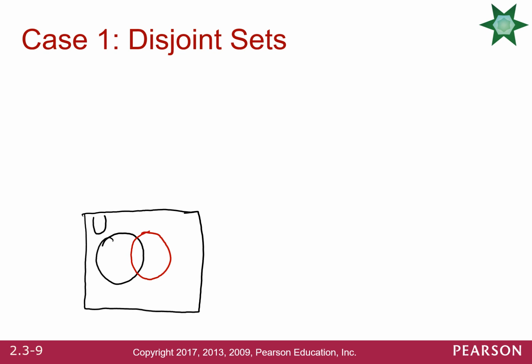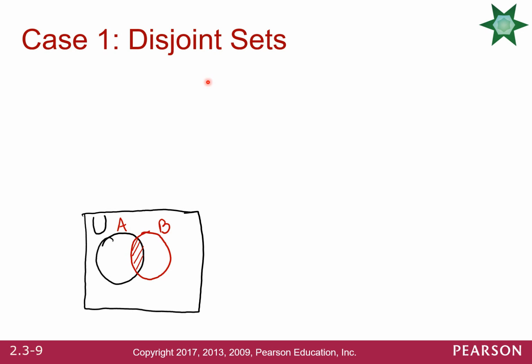So we have set A, let's say the black one is set A and this red circle is set B, and there will be a section of the circles intersecting, but we can represent the different types of sets that we had learned before, talking about the general form, called the disjoint sets, the overlapping sets, and also the equal sets. All of those can be represented in the general form of the Venn diagram.